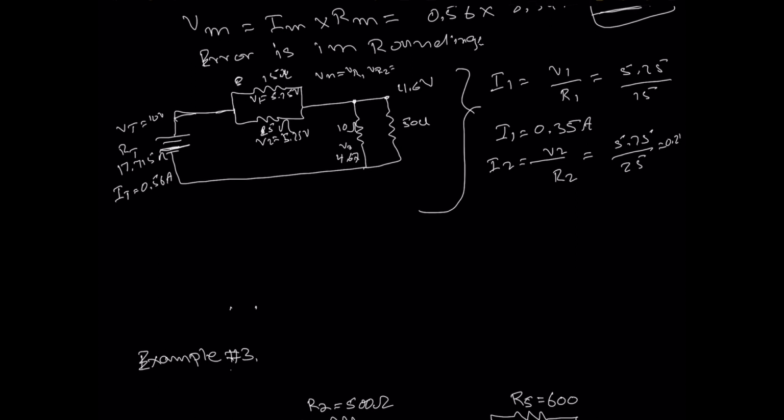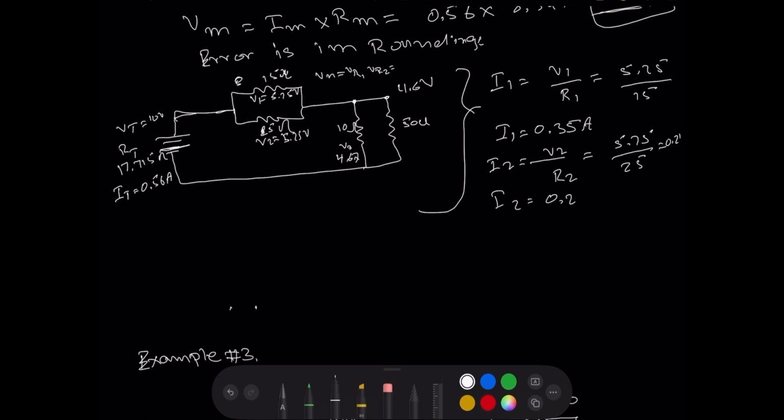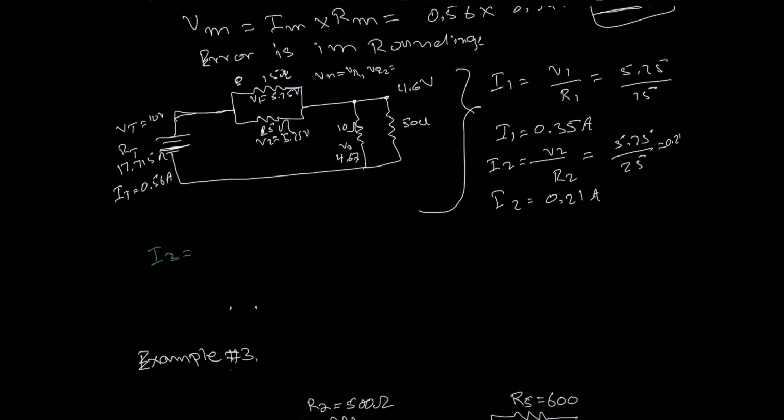Okay, so we got I2 is 0.21 amp. Now let's find I3 here in a different color. I3 will be equal to V3 divided by R3.